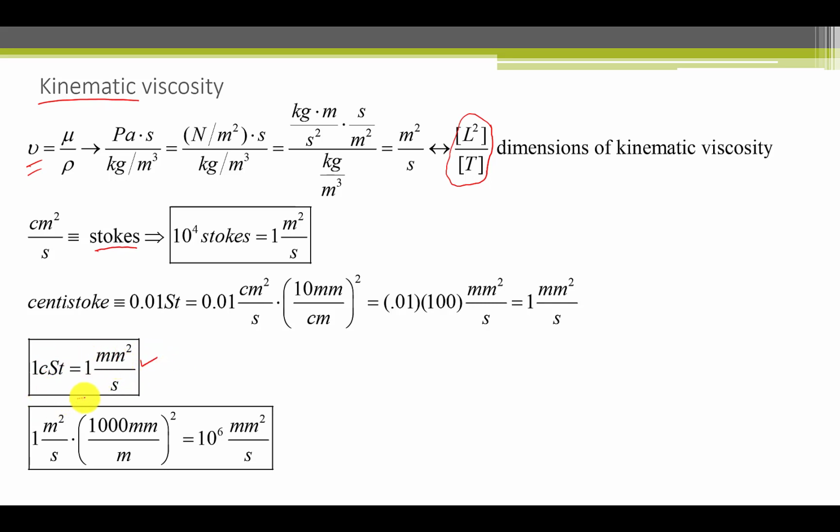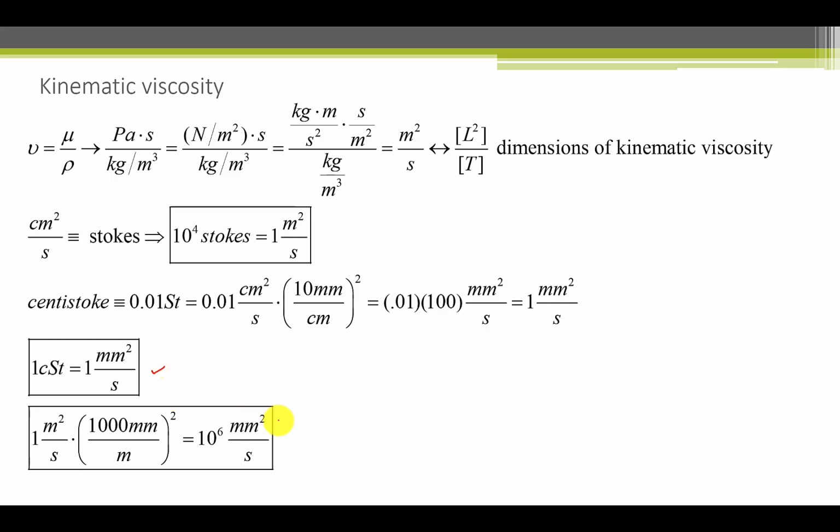This is also useful to use when you're working with viscosity so that you can quickly convert between dynamic and kinematic viscosity. So we saw that 1 centistokes is the same as 1 millimeter squared per second.